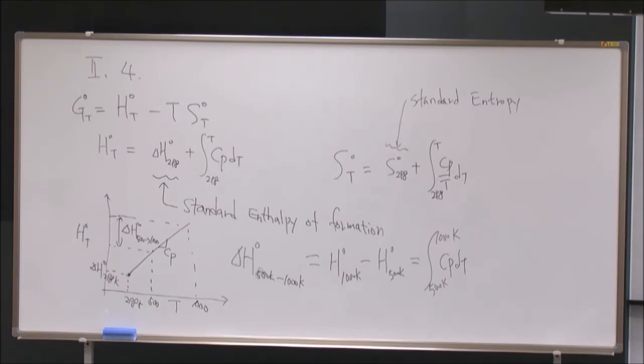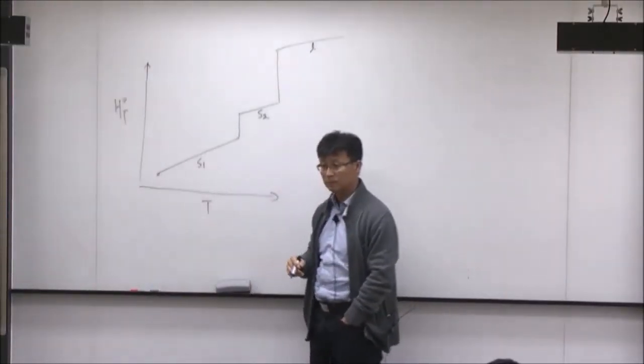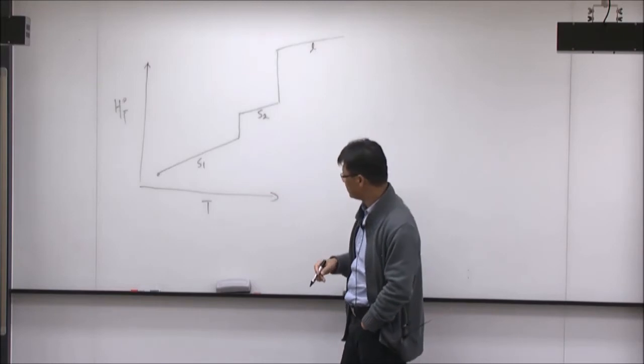So this is solid 1 of my material, an iron BCC phase, for example. And then the iron FCC phase, solid 2, a different crystal structure. And then this is the liquid phase, for example. We can have this.